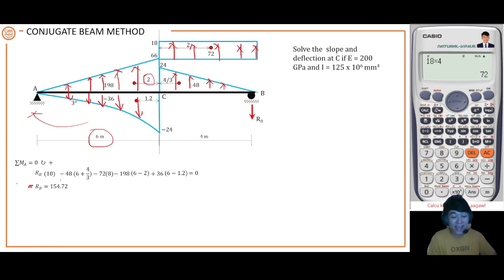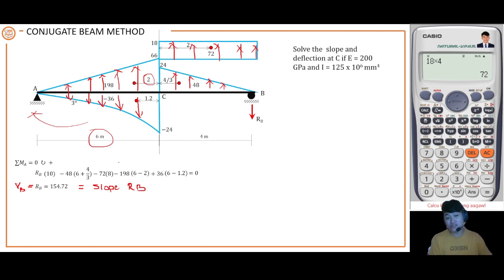So take note class that the reaction at B, from your lecture in shear and moment diagram, whatever the value of the reaction at a simple support is also equal to the shear at that point, the shear at B. Now, this reaction at B, or shear at B, is also equal to the slope of your real beam at point B. So you already have the slope at B. Just get the reaction.